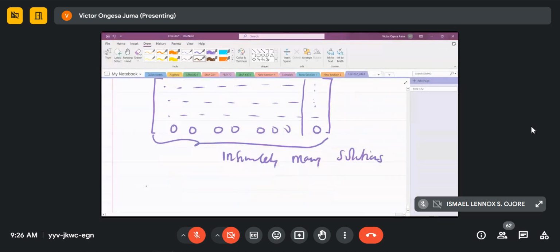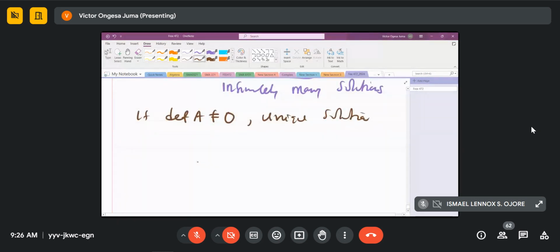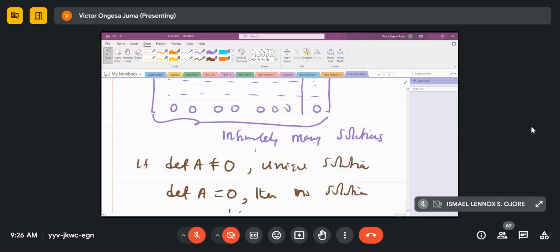So I just said here, if det A is not equal to 0, then you have a unique solution. We only have one and only one solution. However, if det A is equal to 0, then no solution, if this first case is satisfied.